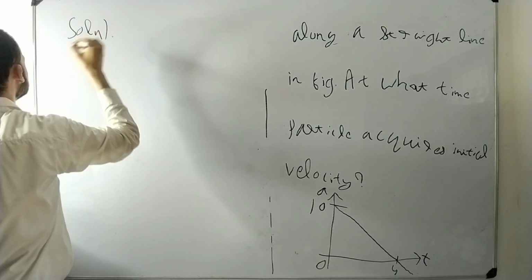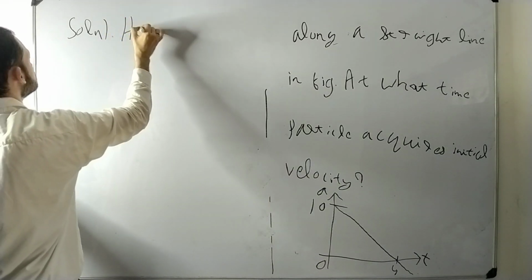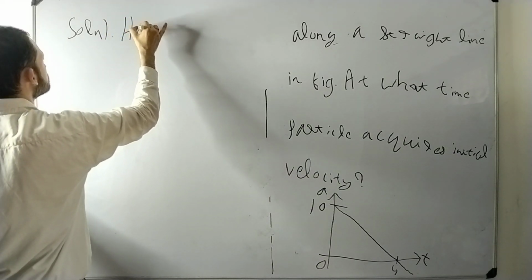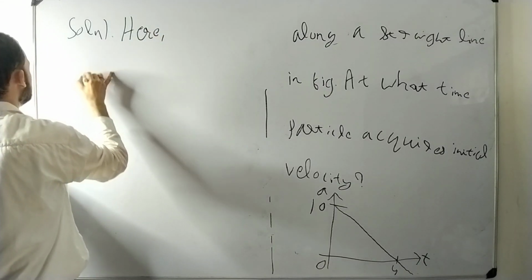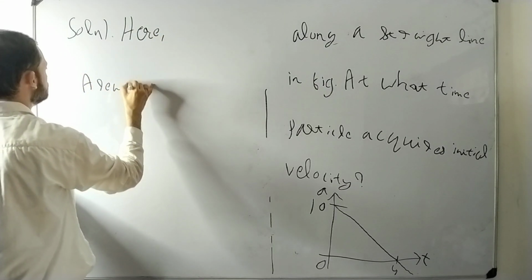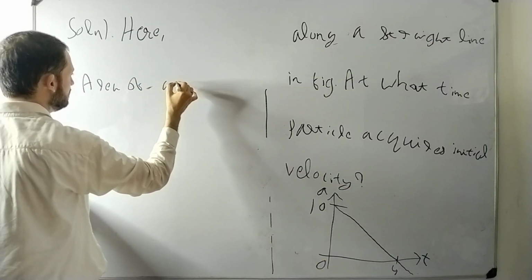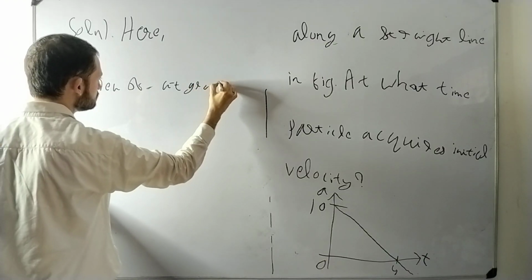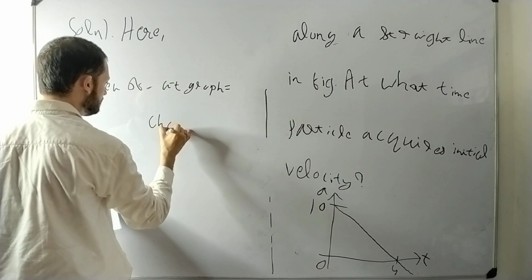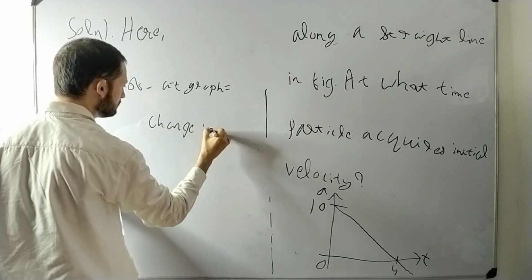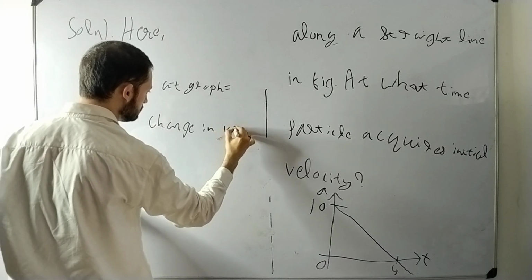Solution: here, what do I need to find? The area of the a-t graph gives what, students? Change in velocity. So this is change in velocity, and what is its formula, students?